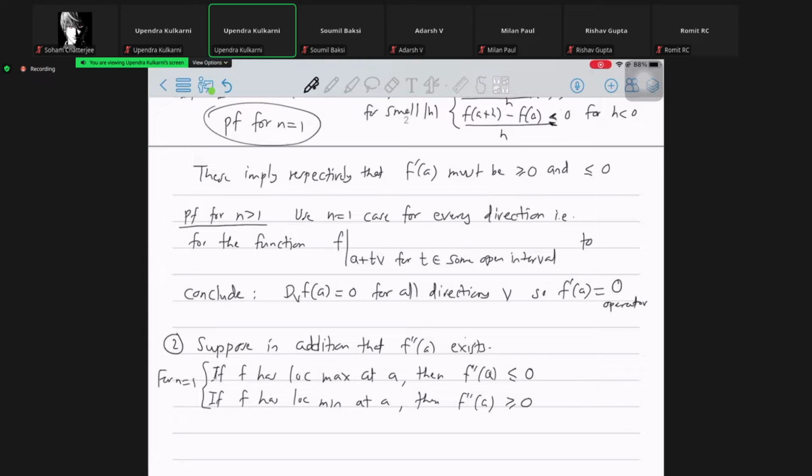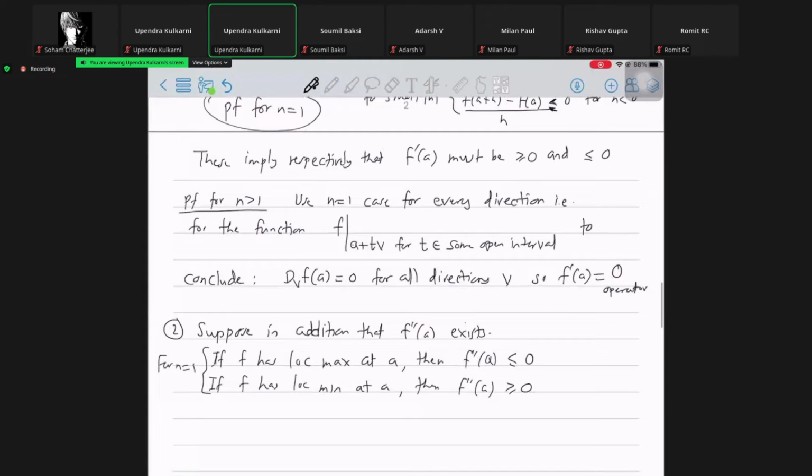So what is the proof? What is f double prime of A? We are in the n equal to 1 case. This is the limit as h approaches 0 of f dash of A plus h minus f dash of A, divided by h.